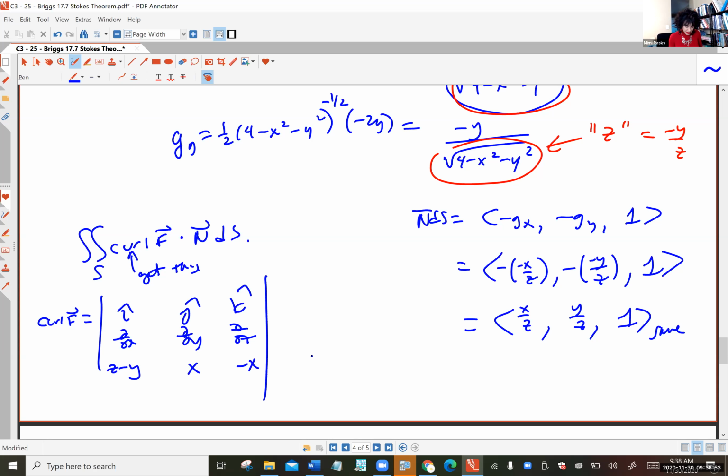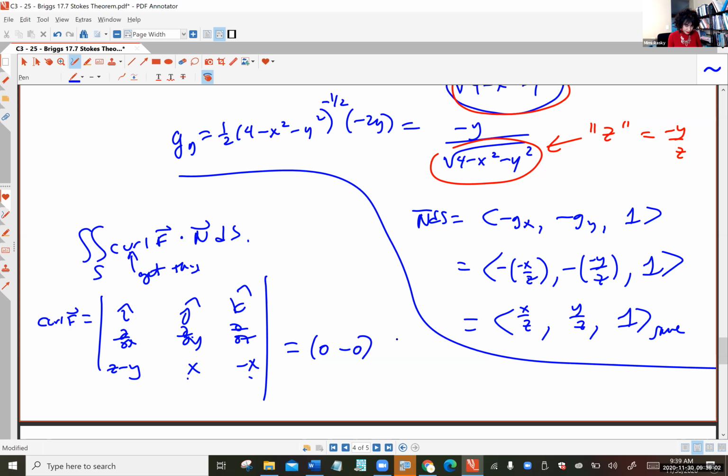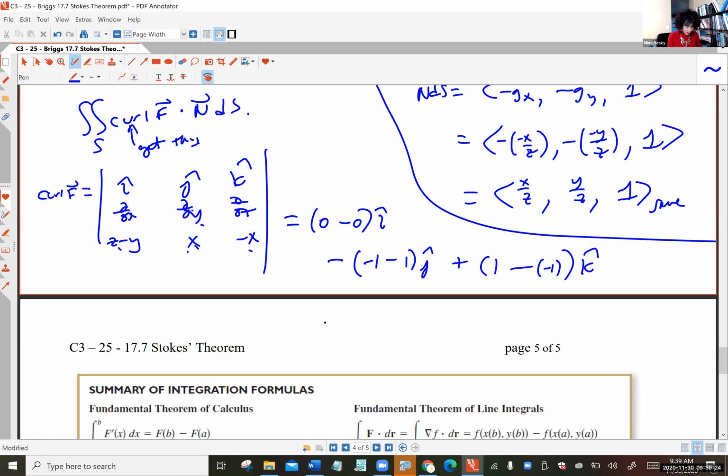Doing this on the fly: d/dy of negative x is 0 minus d/dz of x is 0, i hat, minus d/dx of negative x, that's negative 1, minus d/dz of z minus y, that's 1, j hat. Plus d/dx of x, that's 1, minus d/dy of z minus y, that's minus 1, k hat. Cleaning this up in component form, I'm going to have 0, negative 2 is positive 2, 1 minus a minus 1 is positive 2. Okay, so this is my curl.